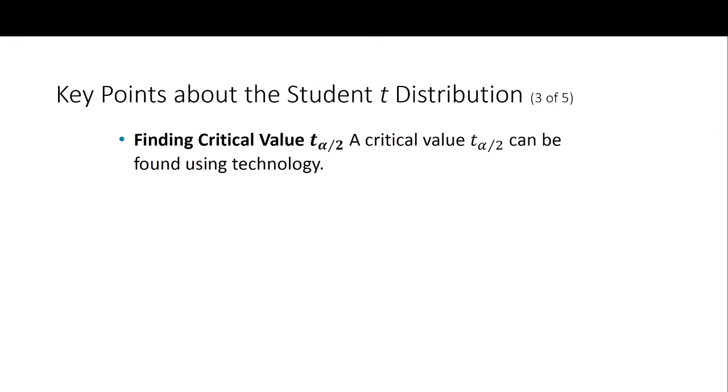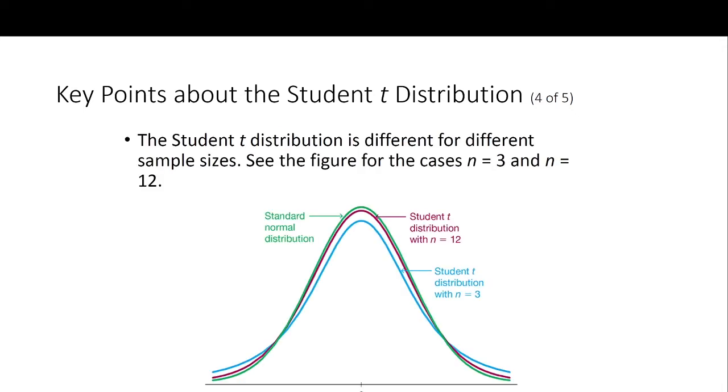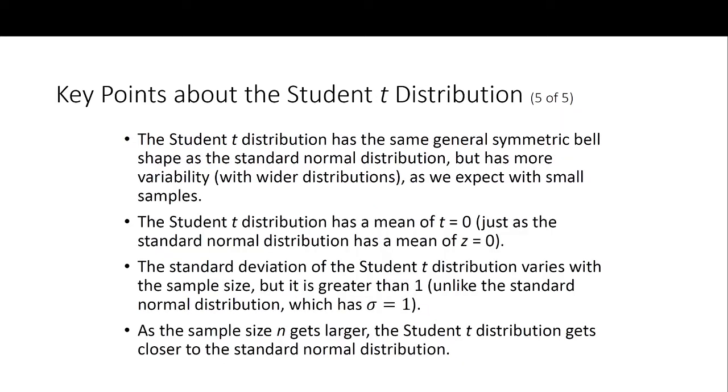Okay, so now we can use technology, as we did in the previous section, for finding the critical value z. Here it's a critical value t, and the t distribution is a little bit different than the normal distribution. When the sample size n gets larger and larger, the t distribution finally becomes the normal distribution. So here are some key points you have to understand about the t distribution.